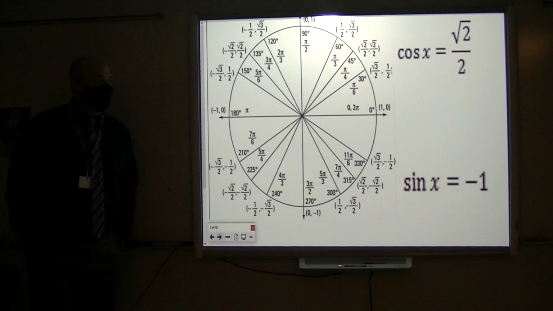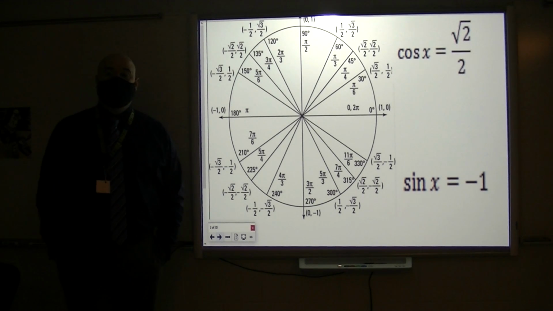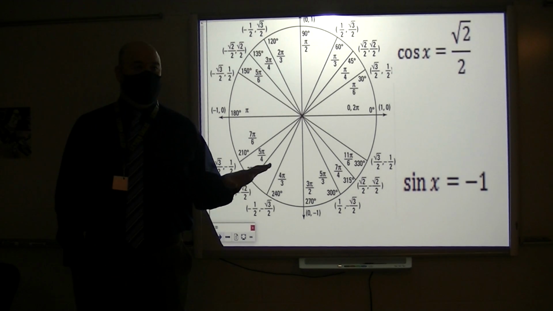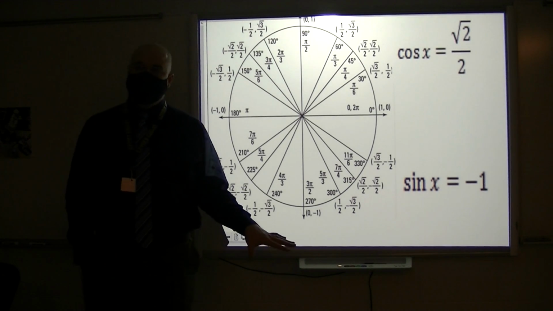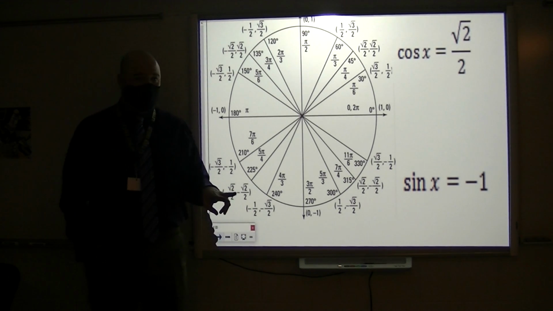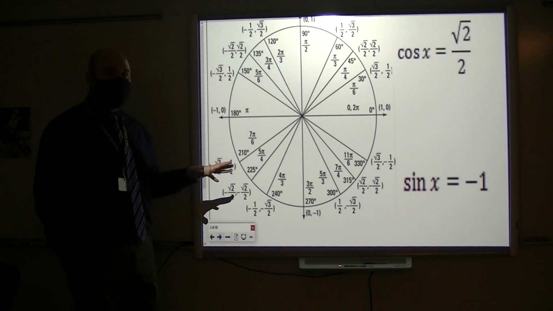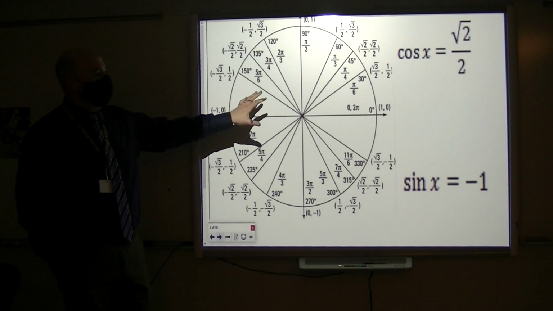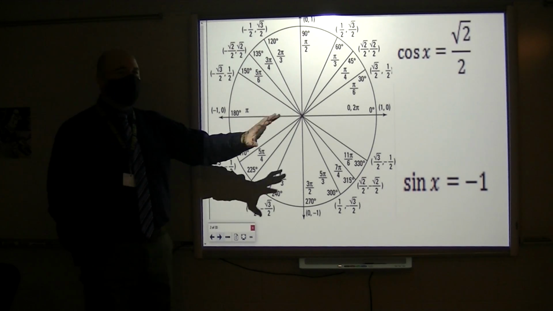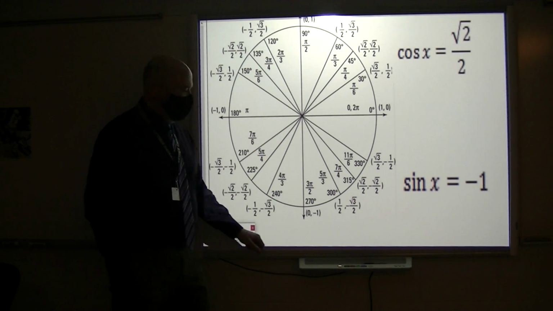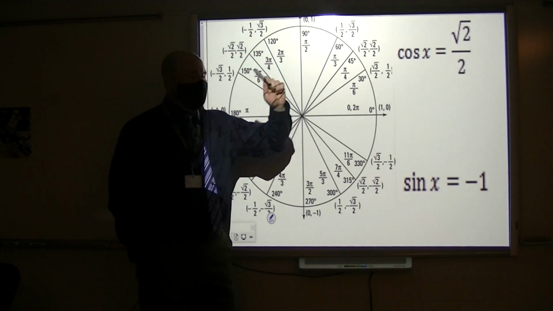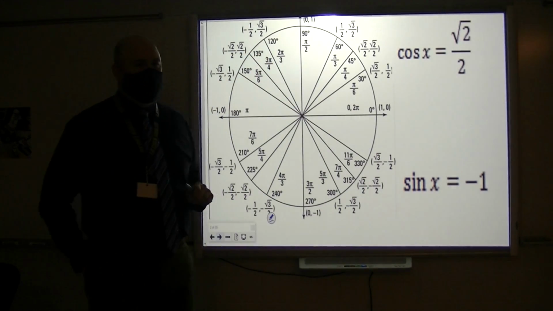There we go. Now, back at the end of Unit 4, when we were looking at inverse trigonometric functions, arc sine, arc cosine, arc tangent, these are things that we talked about back then. We can use those ideas here. We can talk about taking the arc cosine of both sides.